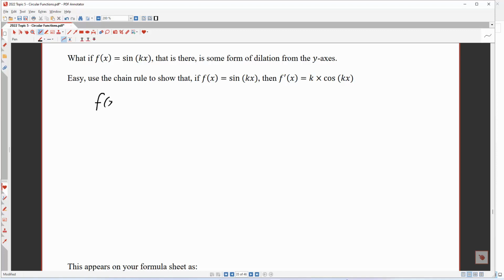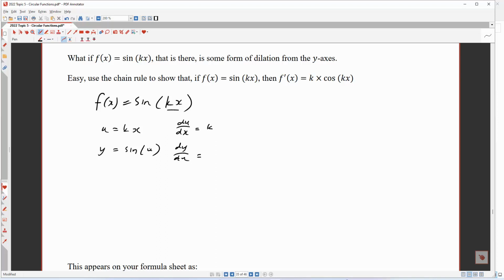So if f of x equals sine of kx, what we've got is a function inside an outer function. So we're going to say that u equals kx and y equals the sine of u. Now let's do du dx, which is k in this case, and dy du.